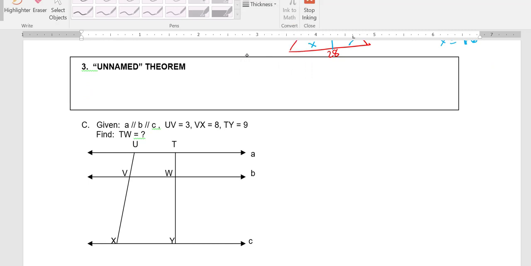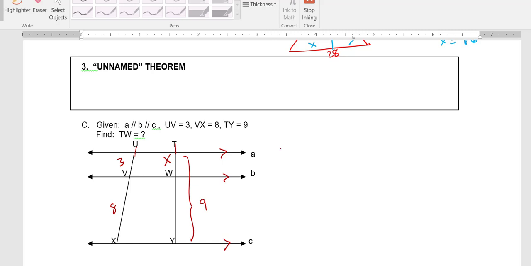Again, it's just easier if I just show you. Basically, if you have a set of parallel lines and you have some transversals, these pieces of the transversals are going to be proportional. So if this is 3, this is 8, this is 9, then I can make this x.